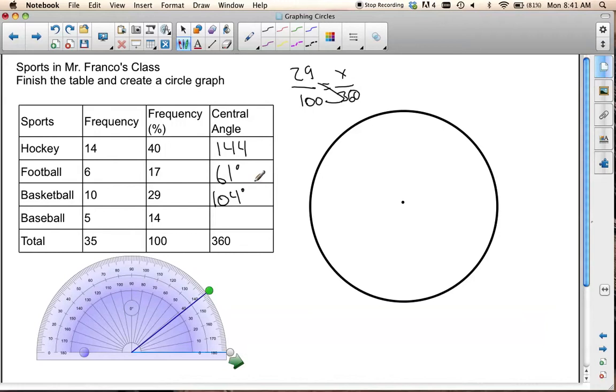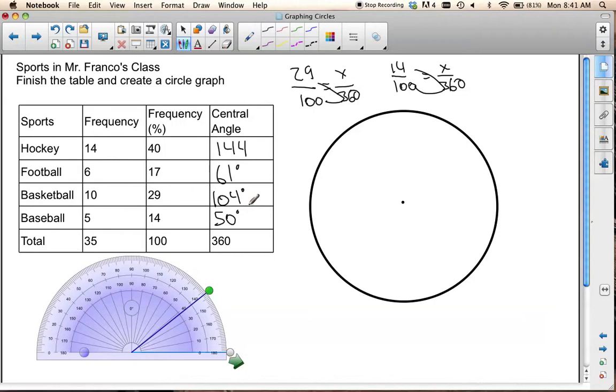And then it's the same thing if I were to solve for 14% out of 100, and x over 360. Cross multiply again. 14 times 360 gives me 5,040 divided by 100, and I get 50 degrees.